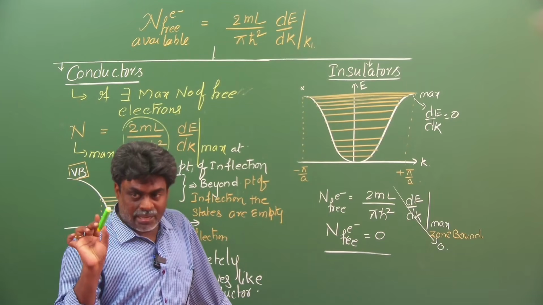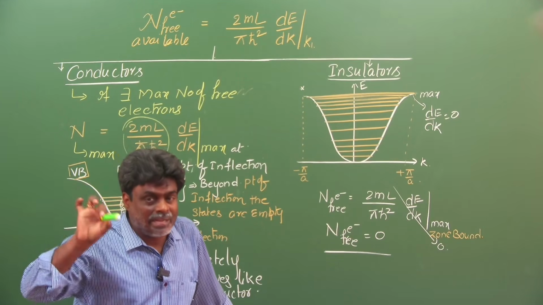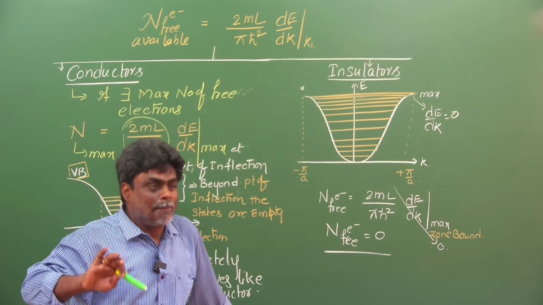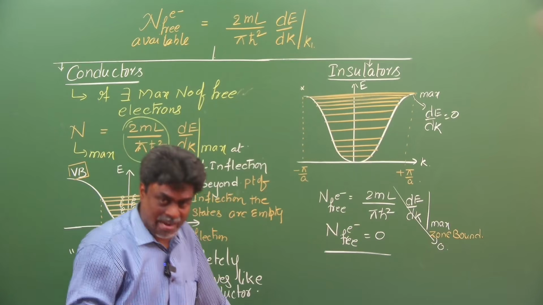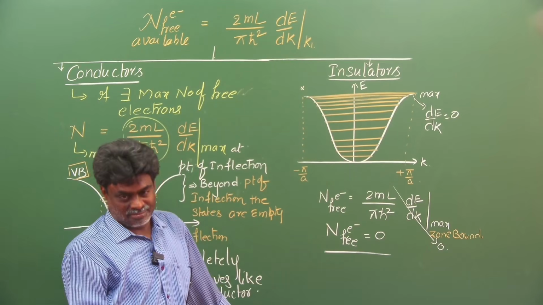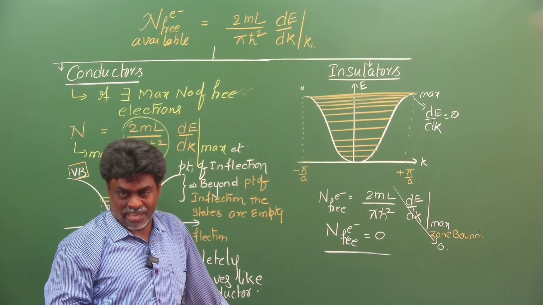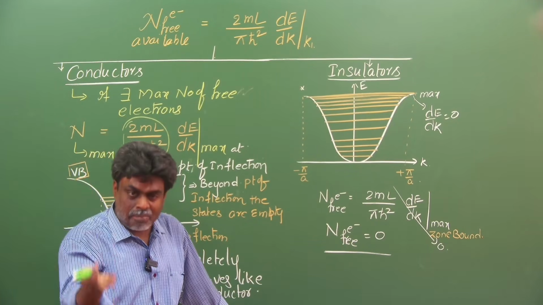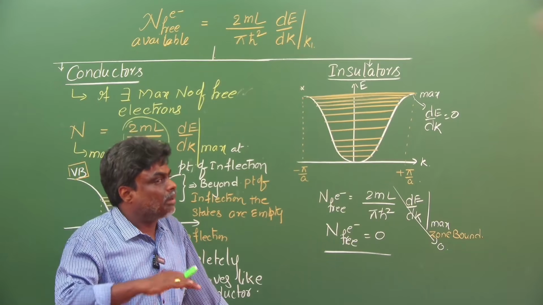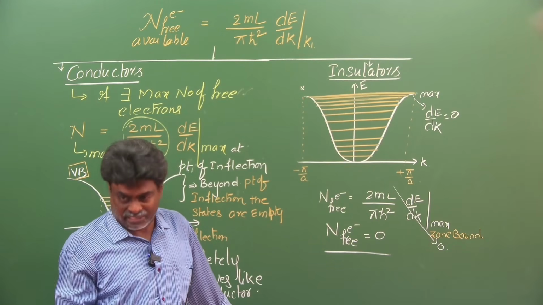Whatever material you are preparing, that material has a completely filled valence band. That's why there is no process of excitation, because it is already completely filled. It won't participate in any conduction process.